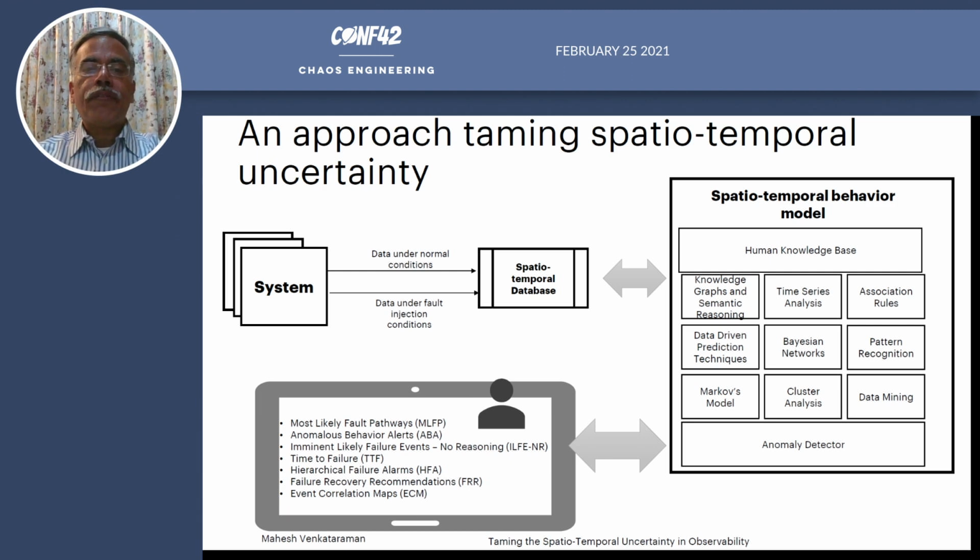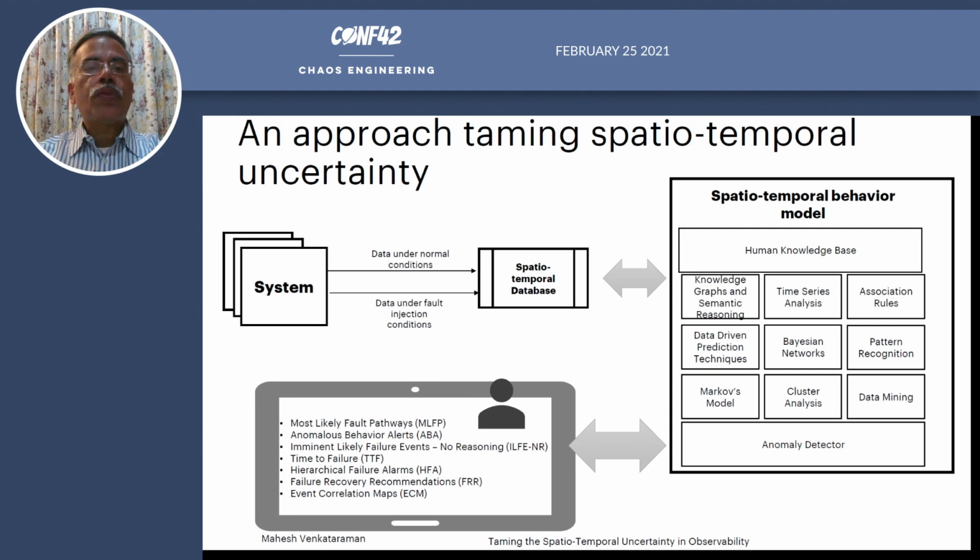Also, it is to be emphasized that it is important not to aim at 100% automation of prognosis and diagnosis, but use the prognosis and diagnosis engine as complementary to the human expertise.